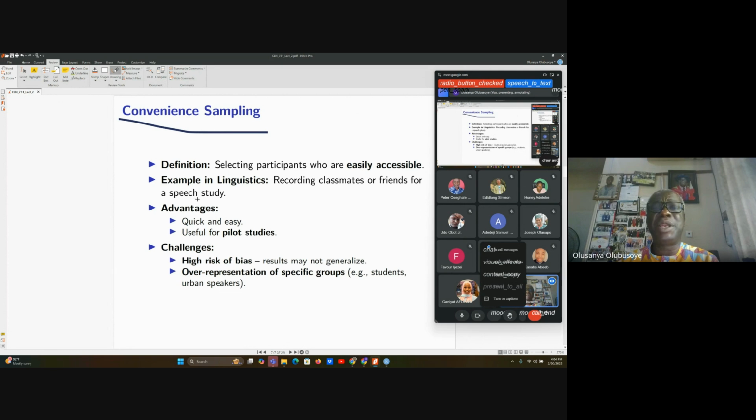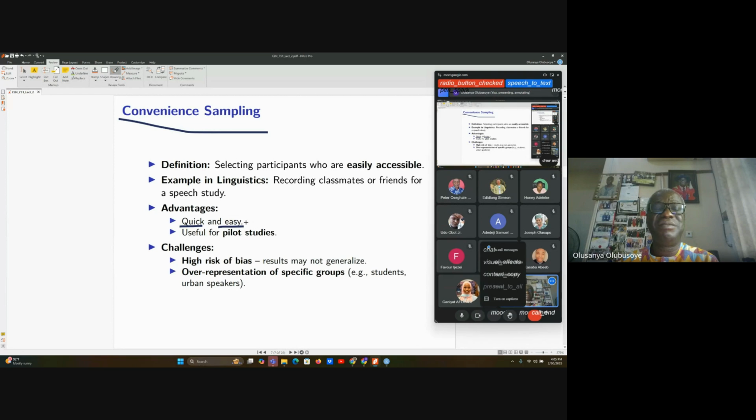So, convenience sampling has advantages. The most attractive reason is because you can get your data quickly and so cheaply. So it's easy, and it's fast.